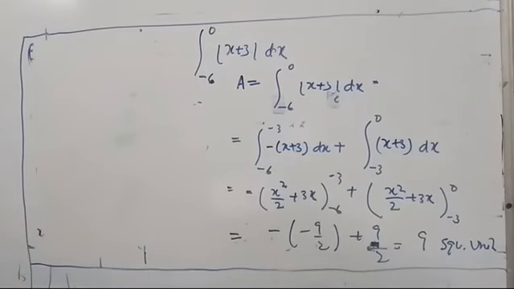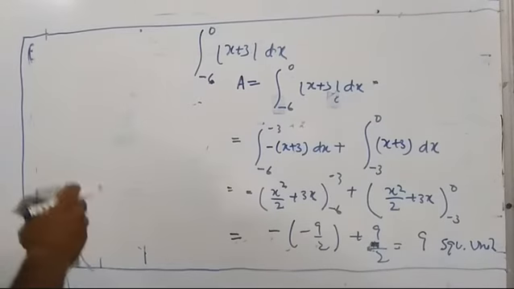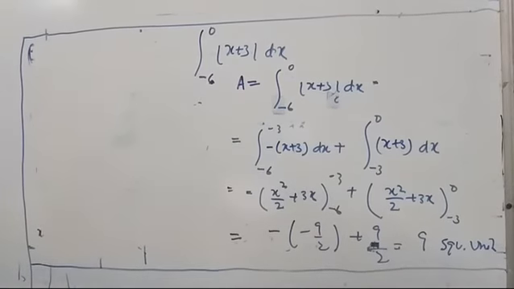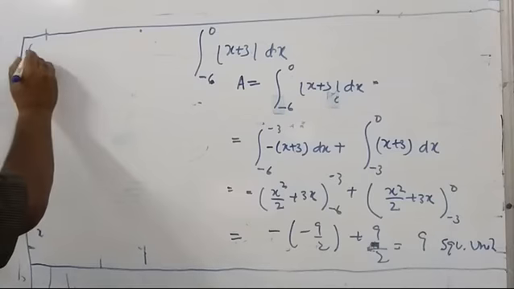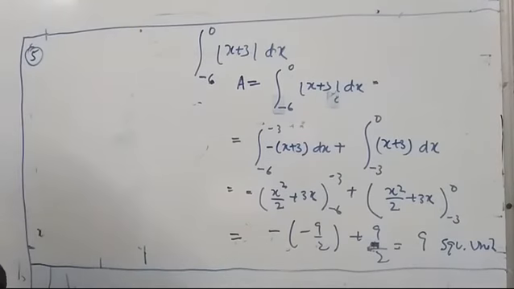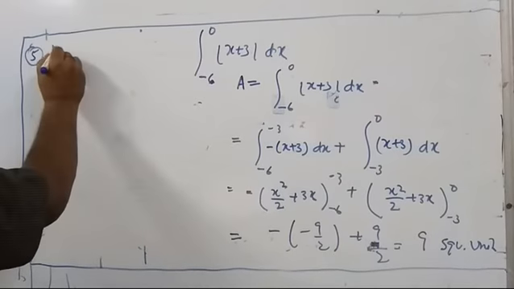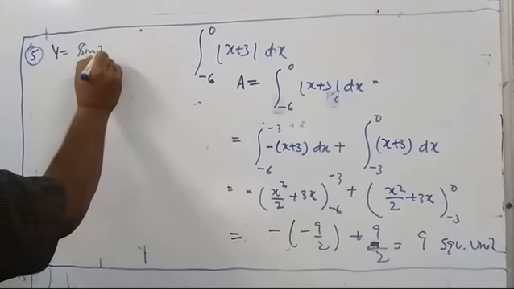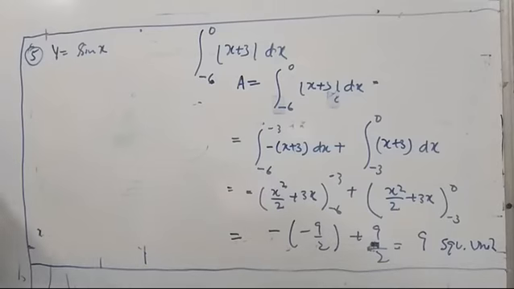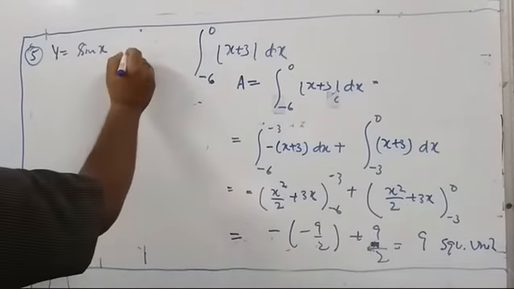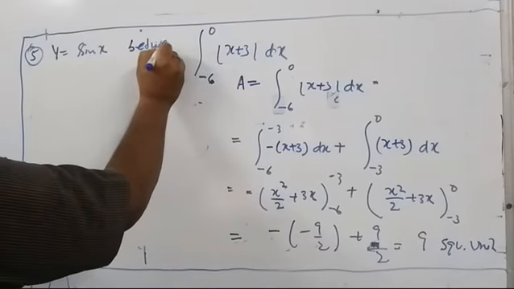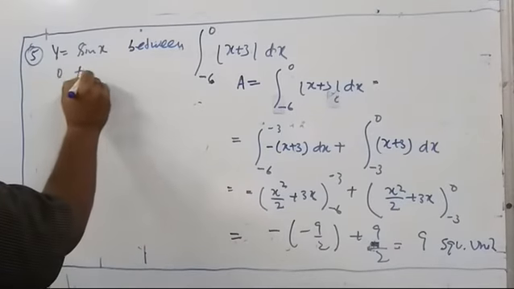One another question of the trigonometrical portion. I will take question number 5. Find the area of the curve y is equal to sin x, that is, a curve given as a trigonometrical function, y is equal to sin x between 0 to 2 pi.